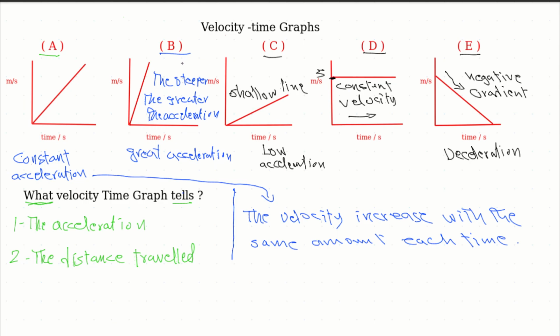In graph B, the steeper the line, the greater the acceleration. In C, a shallow line means low acceleration. In D, a horizontal line means constant velocity, or not changing velocity. In E, we have a negative gradient, or negative acceleration, or deceleration.